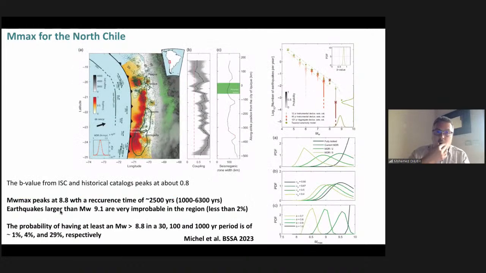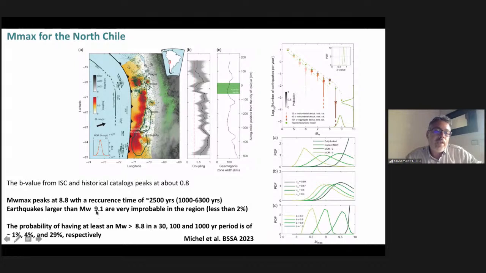This is also a similar study that has been done using this combined deterministic statistical approach. And what people have found here for northern Chile is that the maximum magnitude earthquake that can occur, using the seismic catalog, the interseismic coupling map, and the different knowledge we have, they found a maximum peak for the Mmax of 8.8.